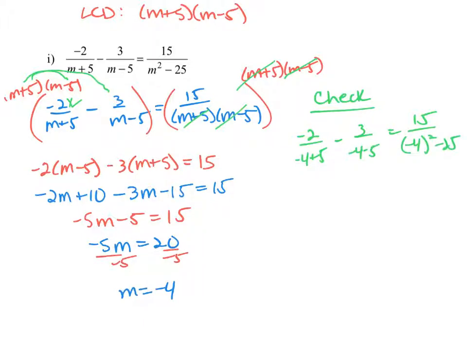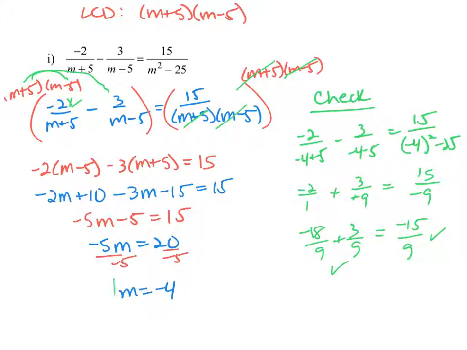Simplifying this, we get negative 2 over 1, or just negative 2, minus 3 over negative 9, that minus a negative, is equal to 15 over 16 minus 25, which is negative 9. So by getting a common denominator on the left side, negative 2 is the same thing as negative 18 over 9 plus 3 over 9 on the left side, and that is going to equal negative 15 over 9. So both sides check out. We know that m equals negative 4 is a solution to that rational equation.